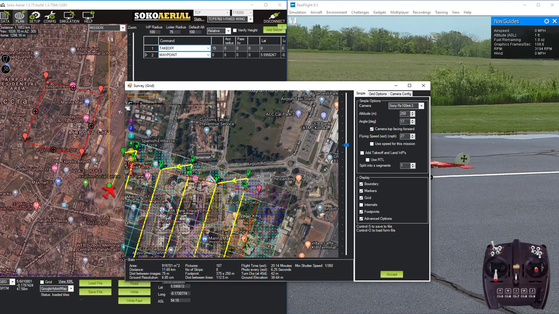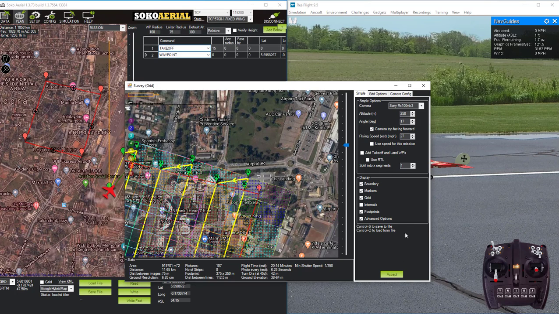So yeah, and this is our angle of approach. We could actually change this value depending on how the wind is coming in on our area of interest, because for a fixed wing we always have to fly into the wind so that it will help the aircraft without burning so much fuel.